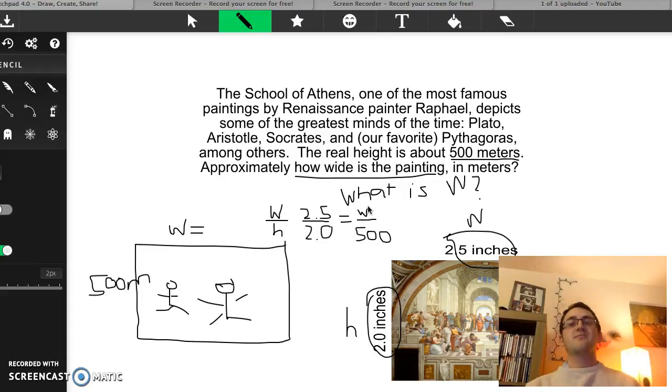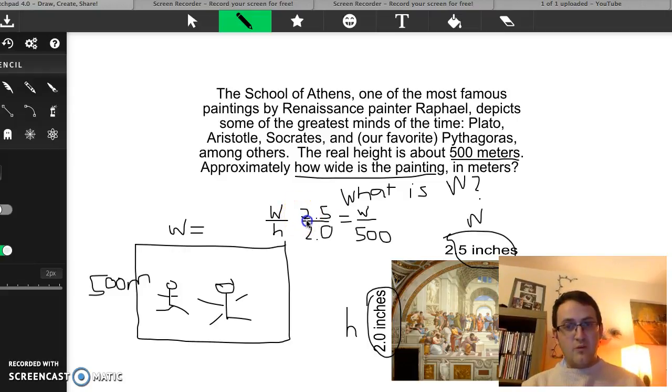And now I have something that I can cross multiply. So I'm going to take my calculator out, and I'm going to circle what I need to multiply. Remember, you circle diagonally to determine what you cross multiply by.